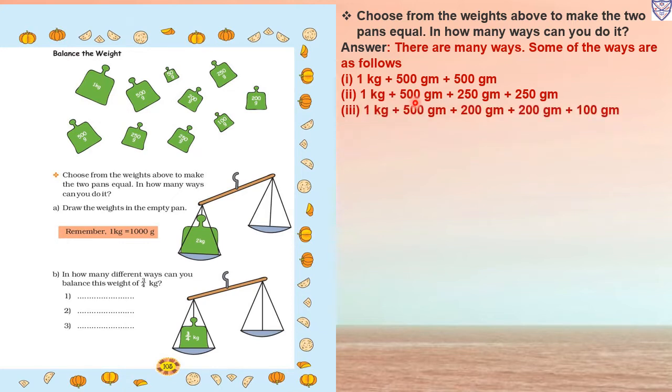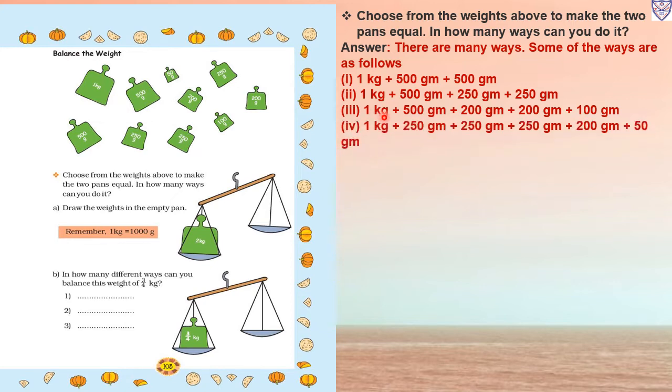Now third option, 1 kg plus 500 gram, then we will put 200 gram plus 200 gram plus 100 gram. So 200 gram plus 200 gram, 400 plus 100, that is 500 gram. So 500 gram plus 500 gram, 1000 gram, which is equal to 1 kg, then 1 kg plus 1 kg, 2 kg.